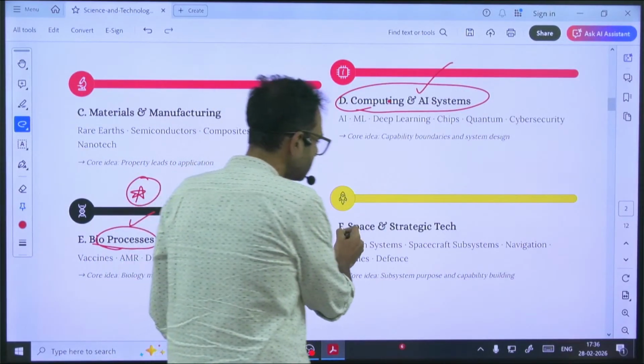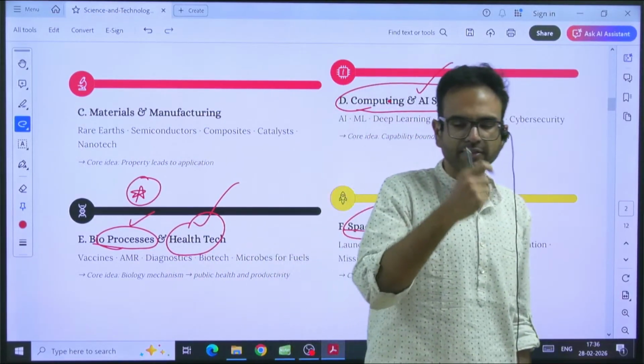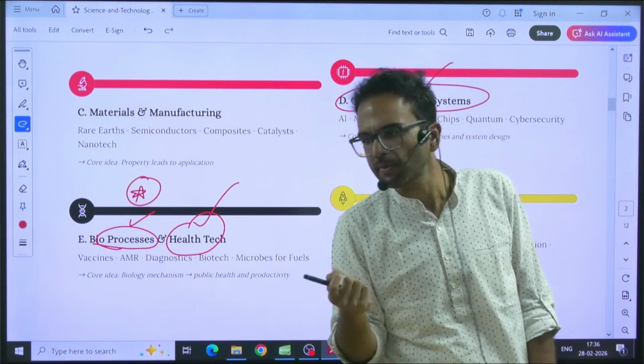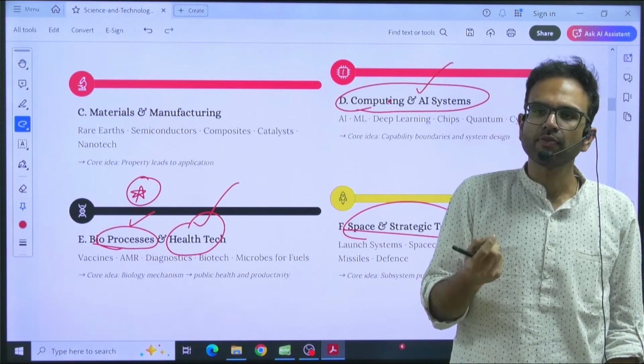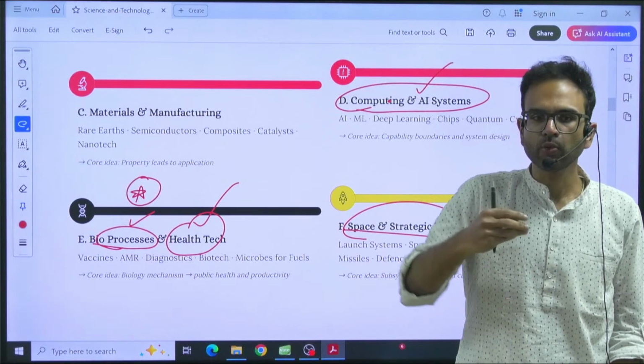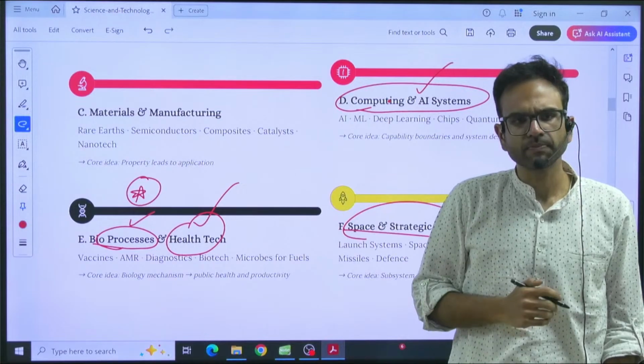Finally, we will be moving towards space and strategic technology. We'll be looking at the evolution. Let's say we'll begin with the basics of orbits. Then we will see what are the various kinds of tools to access space, nothing but the space tech.